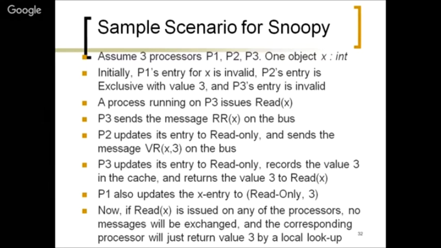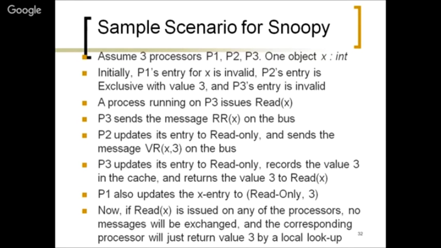The value was already written by P2, that is 3. So P3 will receive the VR message with X is 3 on the bus.